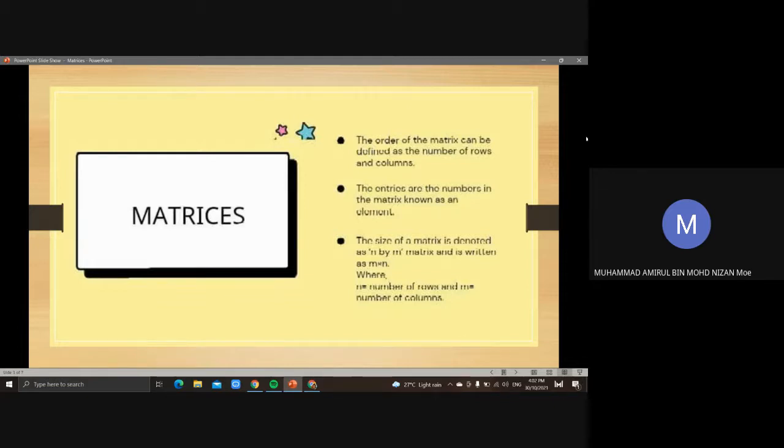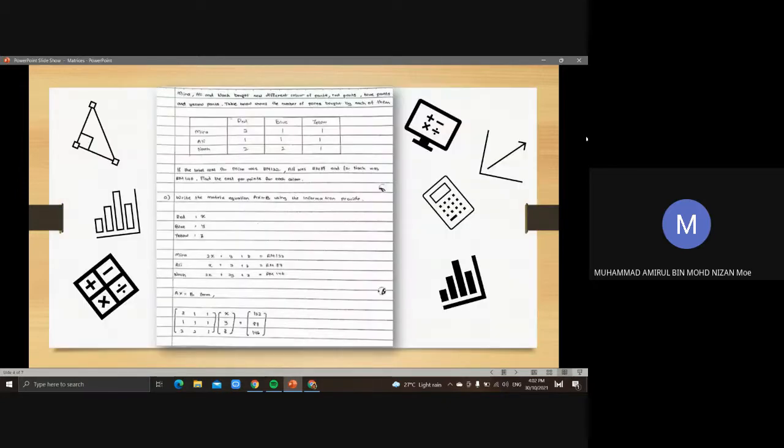The type of a matrix is written as n by m, where n equals the number of rows and m equals the number of columns. So we will have Azim start our group discussion today.